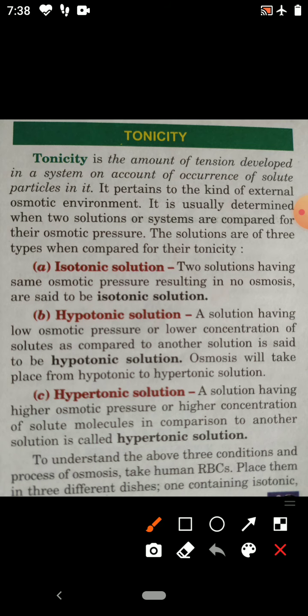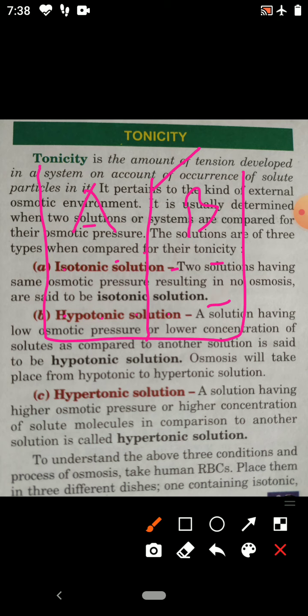Here also you can see two solutions taken, solution A and solution B, separated by a semi-permeable membrane.